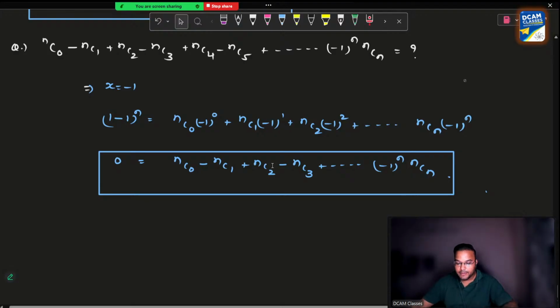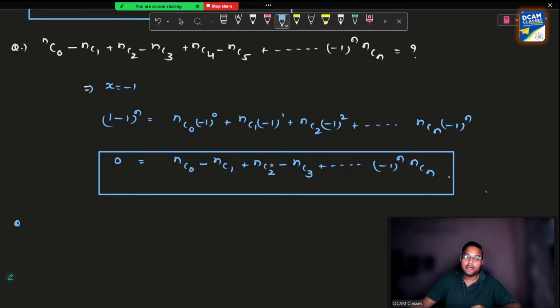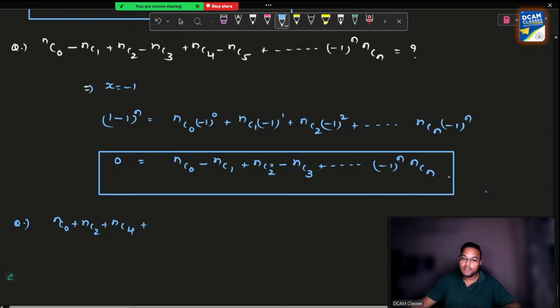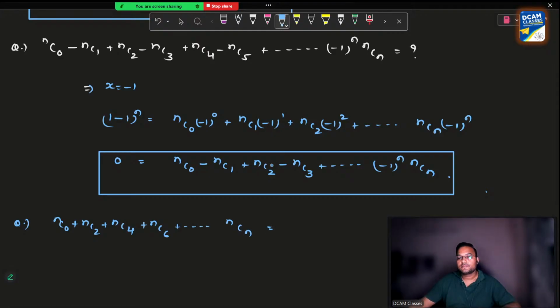Now how will you find out this result, the third one? If they have asked NC0 plus NC2 plus NC4 plus NC6 and so on, how will you find it?